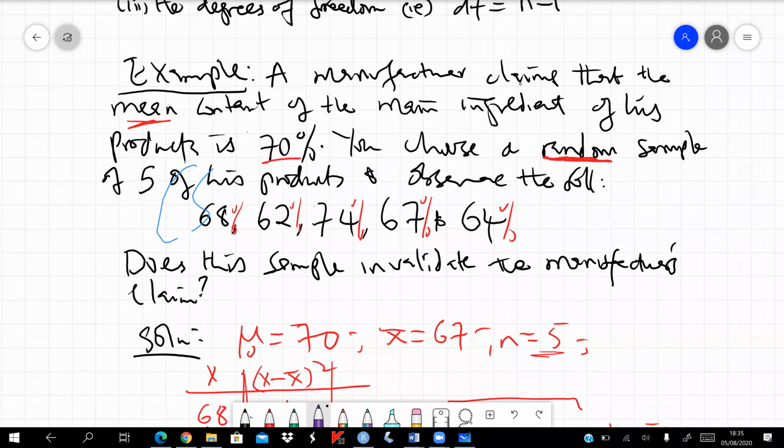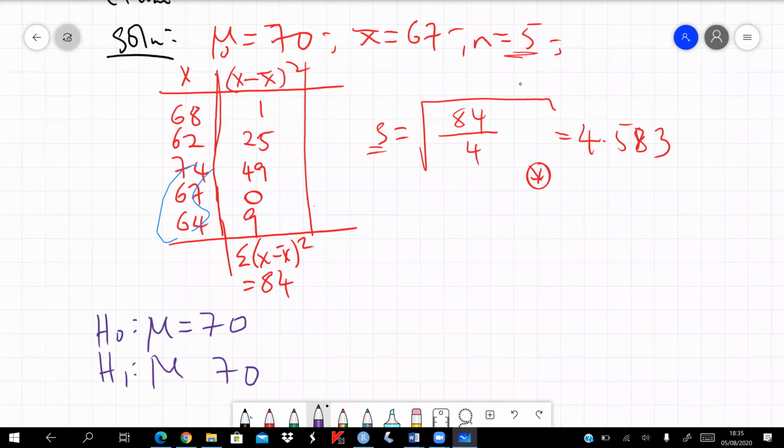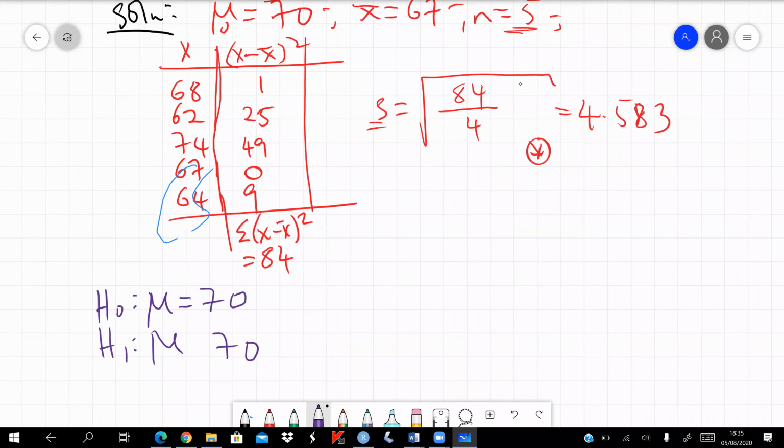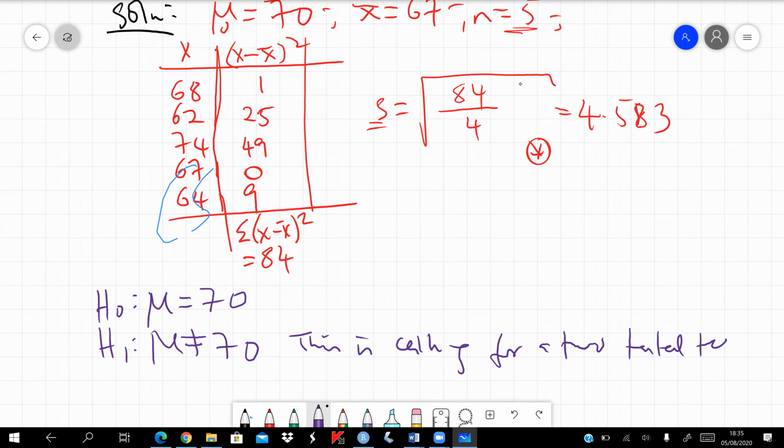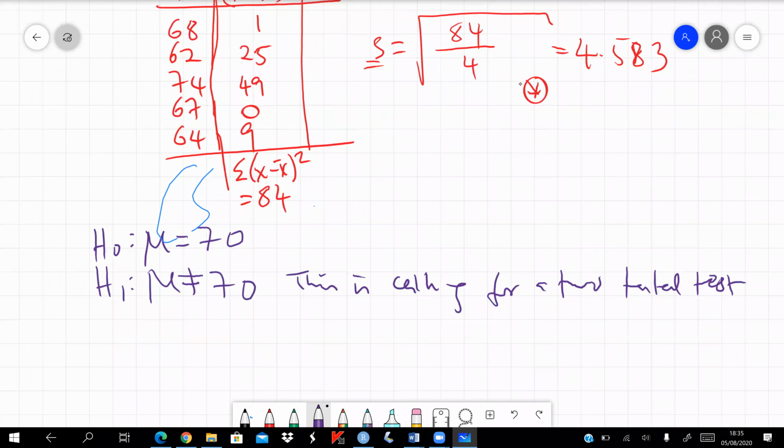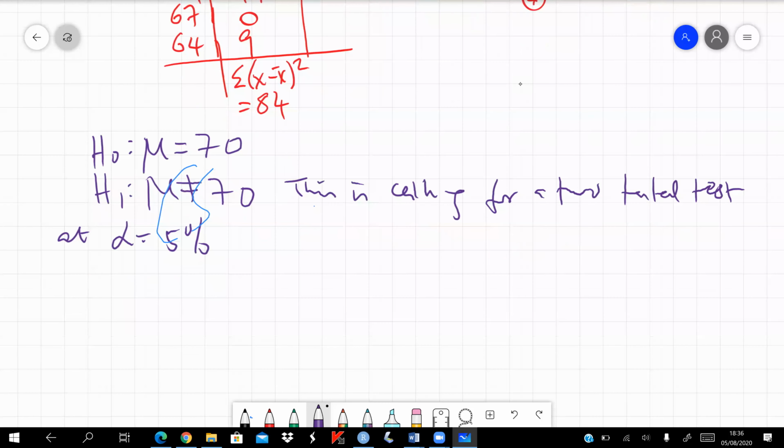So there are 3 possibilities, either less than, or greater than, or not equal to. Not equal to. Yeah, we're checking whether it is 70 or it's different from 70. So this is calling for a two-tailed test. And because alpha is not given, we use 5%. Alpha is 5%.